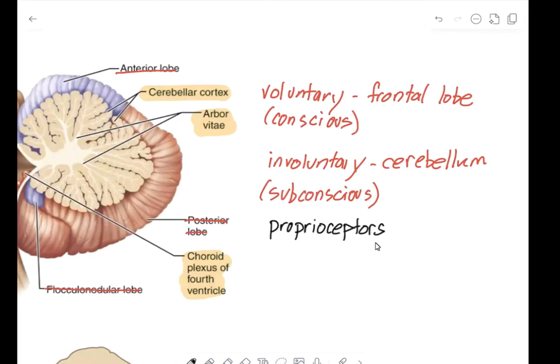The name of that tract is called the spinocerebellar, but proprioceptors are what we call always on, meaning that they're constantly sending information to the cerebellum about whether a muscle is contracted or relaxed, about the state of the joint, so that it can make an accurate decision about subconscious muscle movement.